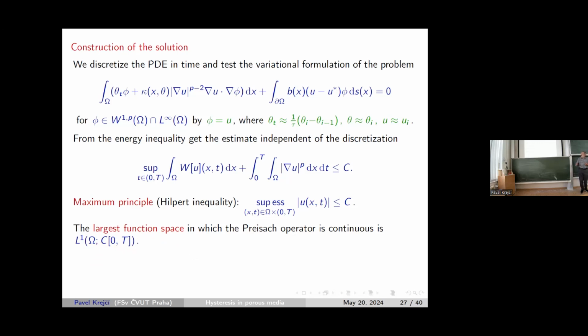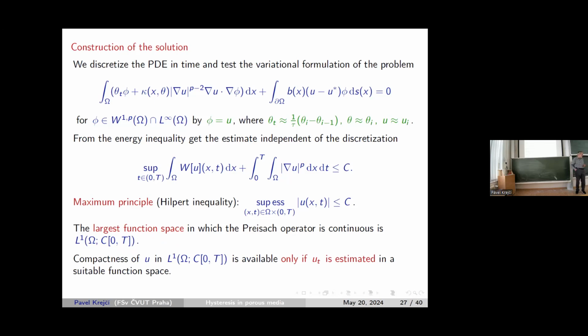So we need compactness in the space of continuous functions. And in order to have that, we need some estimates for u. Yeah, and so u t has to be estimated in a suitable function space, which is compactly embedded in the space L1 with values in C0. And this will be the origin.